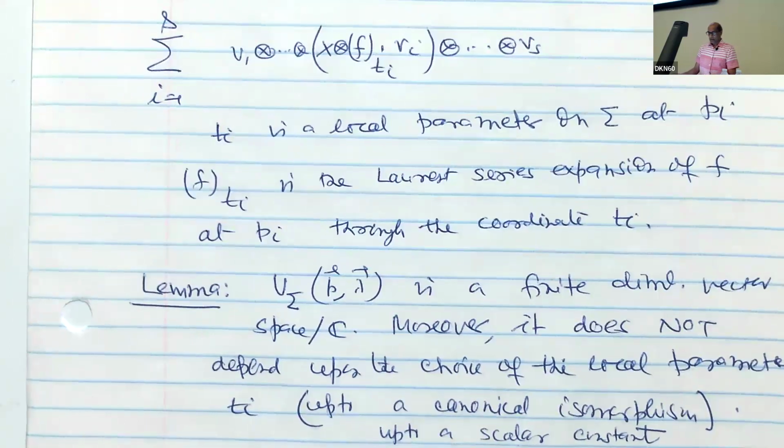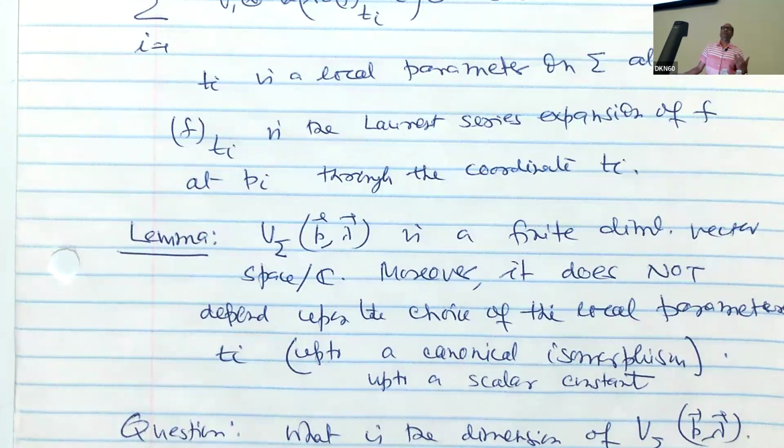Okay. So once you have a finite dimensional vector space, the first thing you want to know is its dimension, right? That's the most important and most simple invariant attached to a finite dimensional vector space.